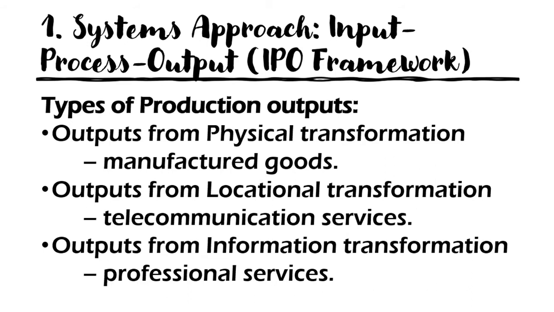So example naman daw ng outputs from locational transformation is the telecommunication services. Like yung mga service ng telecoms. Okay? Yung like internet, sabi ko nga kanina, 'di ba? Then the other one is yung sa services ng mga network for the call and text. Okay? So yan din ang example ng locational transformation.